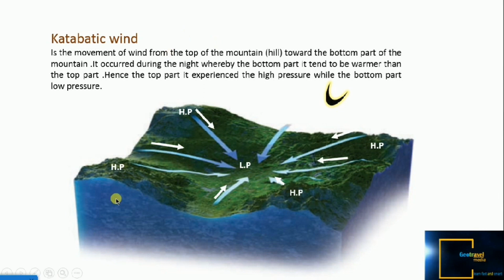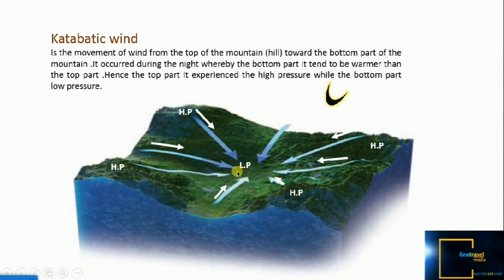As the top part of the mountain tends to receive insolation quickly, it also cools or loses it quickly, while the bottom part of the mountain, since it receives insolation slowly, also loses it slowly.